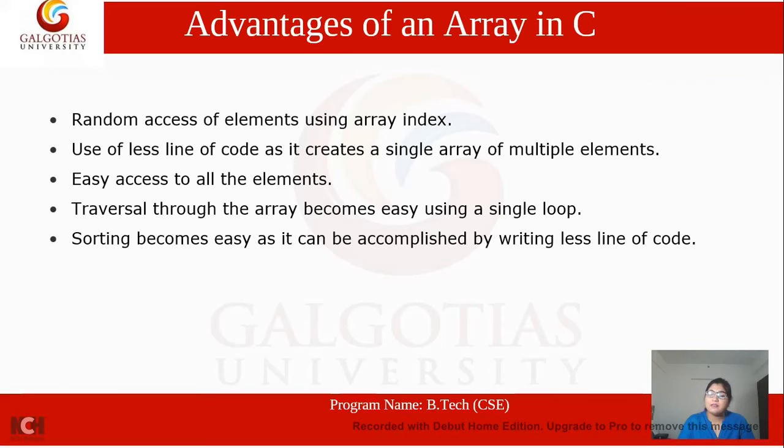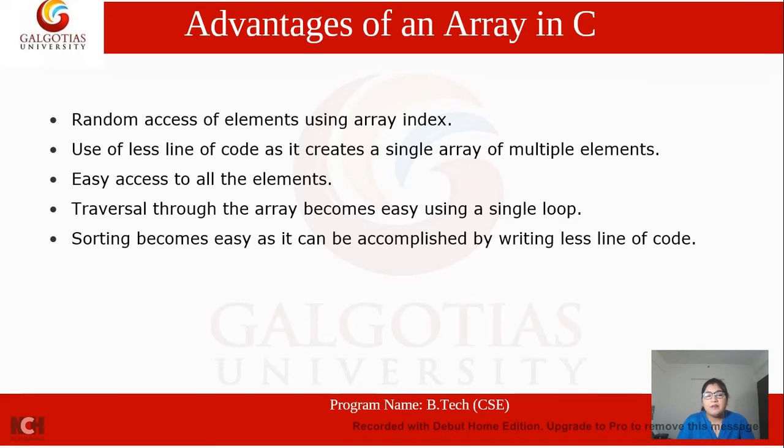As you have seen in the previous example itself, with one for loop we traverse the whole array element by element. At a time, one element we are accessing, and we traverse using only a single loop. So it is very easy. Whether it has 5 elements or 5000 elements in your array, that will be an easy part.